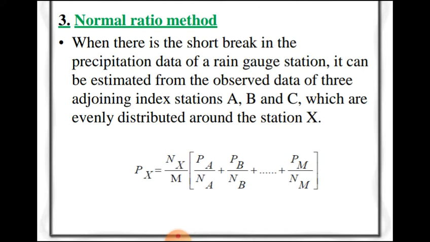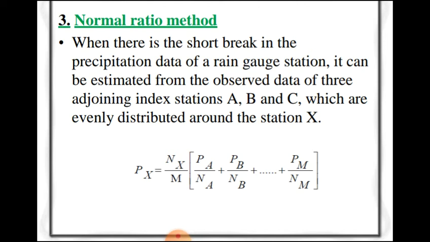So the problem is: given point rainfall values at the rain gauges, how do we estimate the average rainfall over the entire area? There are a number of techniques to do that. Let's discuss the different methods.